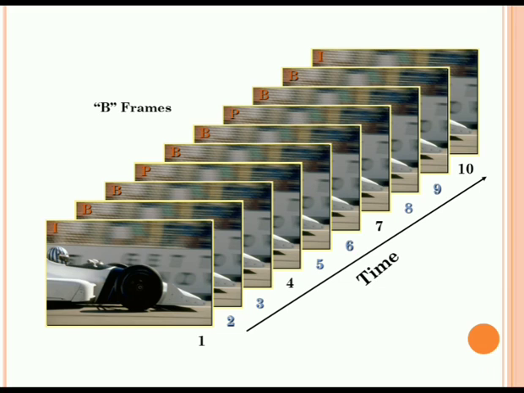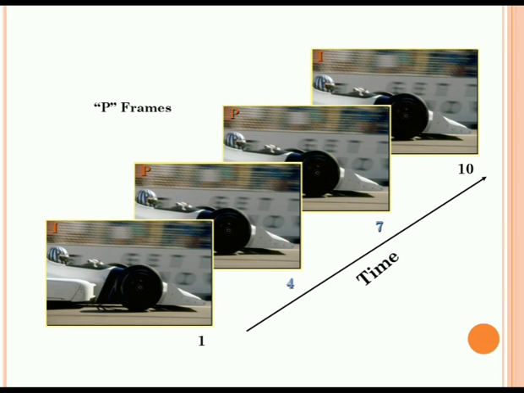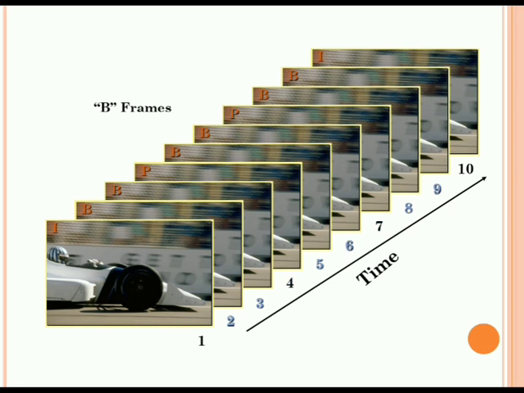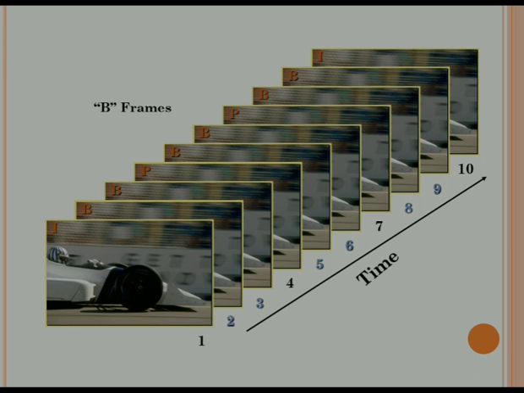After the first frame come the second, third, and fourth. For the fourth frame, the P frame, the backward predicted frames are the second and third, and the forward predicted are the fifth and sixth. For the seventh frame, the forward predicted are the eighth and ninth, and the backward predicted are the fifth and sixth. All these frames are present by using the B frame. In this way we are doing the compression technique.